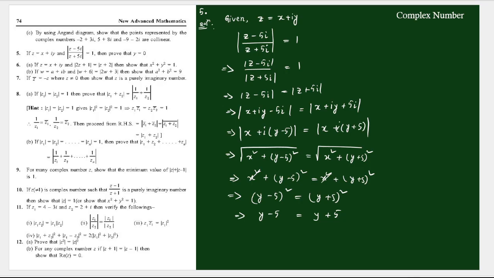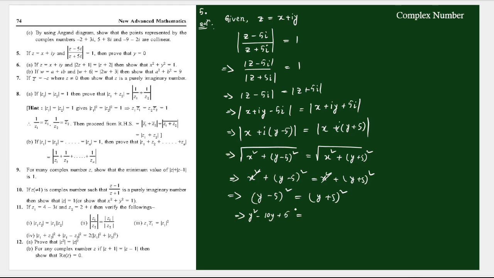Oh, both the y will become 0, and minus 5 is equal to, no, we cannot do this one. Wait, this is against our mathematical law. We need to break down the square. Okay, so it will become y square minus 2 into 5, 10y, plus 5 square.